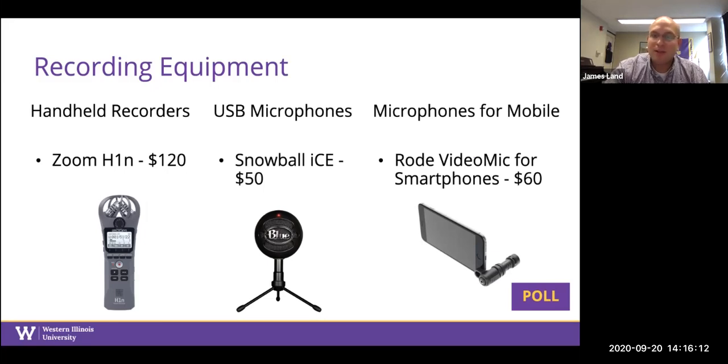You can find this just by Googling it. You'll need to be careful about the adapter if you have the latest iPhone that doesn't have a headphone jack, but there are adapters that you can get that can work with this, and this should work with both Droid or Android and iPhone. So these are all great options, and will definitely upgrade the sound quality of your performance.